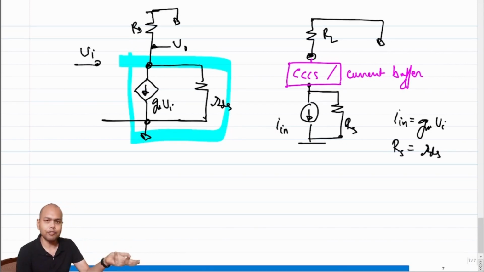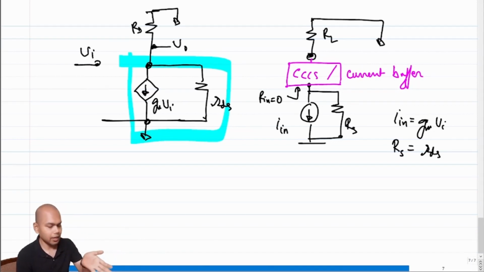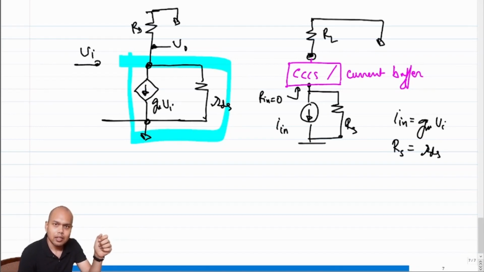If we have an ideal current buffer, the input impedance is 0, which means the entirety of I in can flow in.